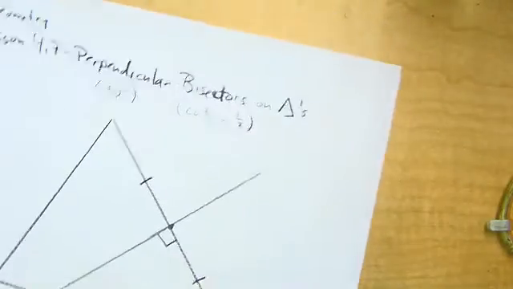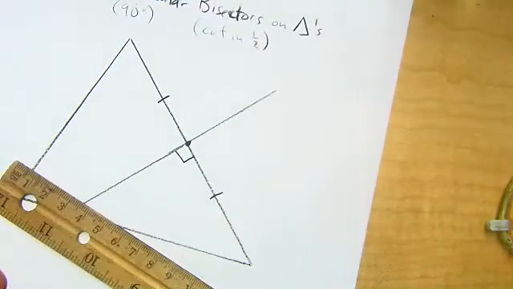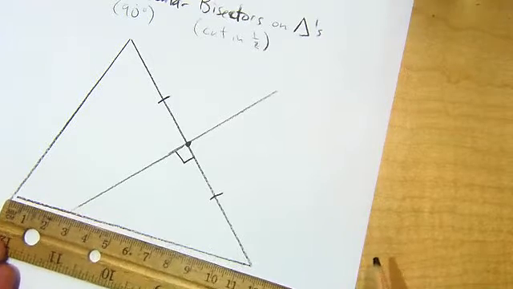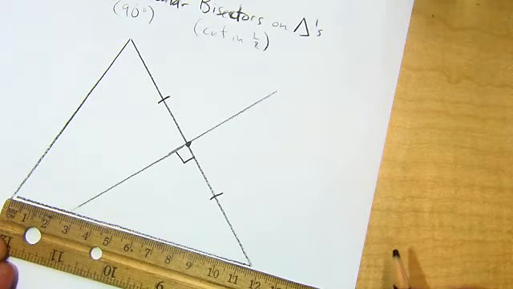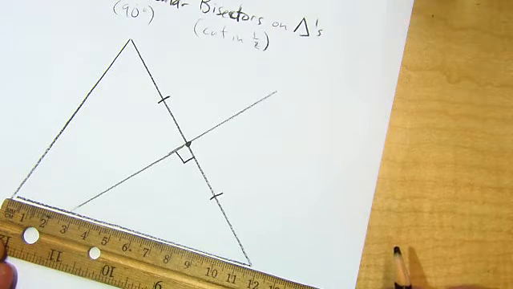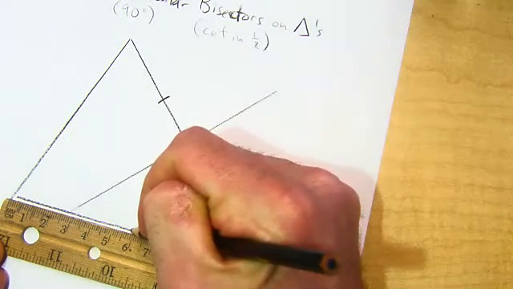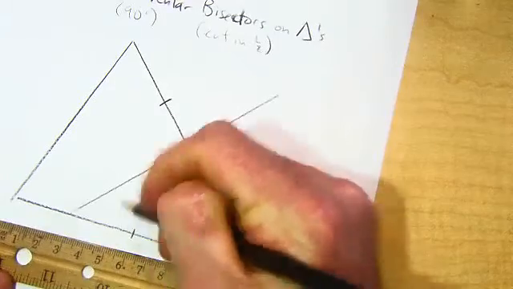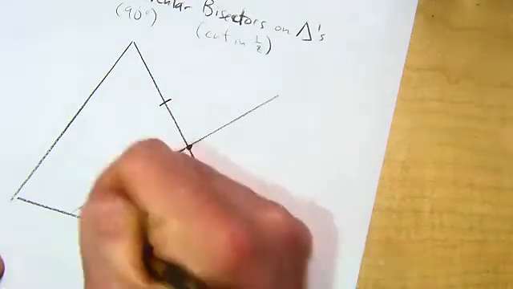So take this bottom side and find the middle. Mine is about 11, say 11.8. So half of that is what, 5.9, I believe. That's the middle.